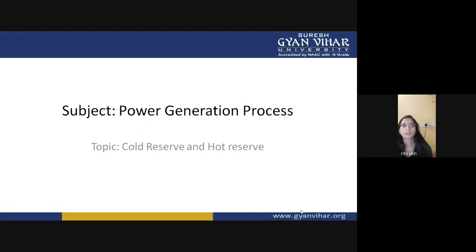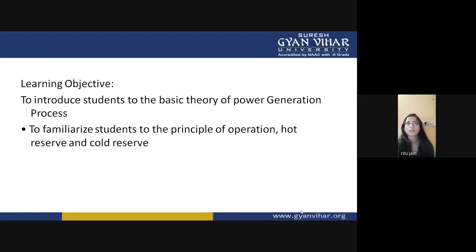This is a very interesting and important topic from the point of view of the power generation process. The learning objective is to introduce students to the basic theory of the power generation process and familiarize them with the principle of operation of hot reserve and cold reserve.